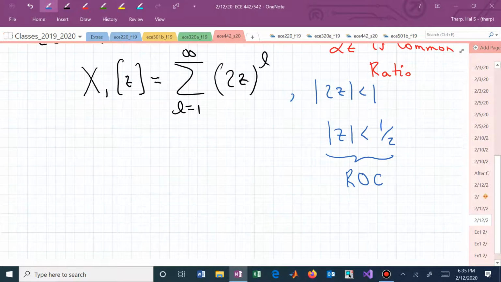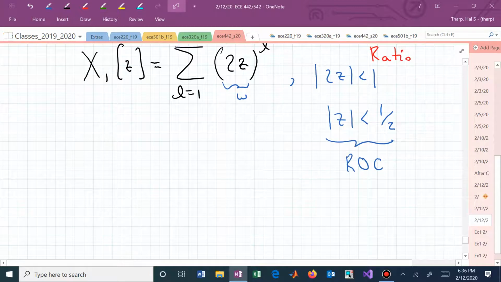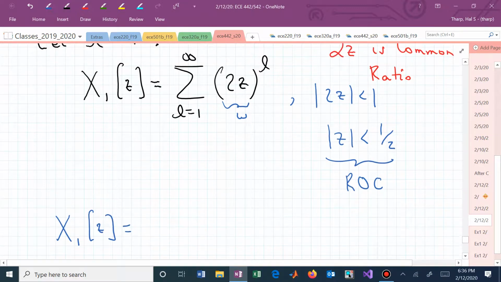And if we want to find the closed form expression for capital X1 of z, we could start doing that like we'd done before. Let's just call this W for now, so that I don't have to write so much. I now have capital X1 of z. Now I don't start with 1, do I?